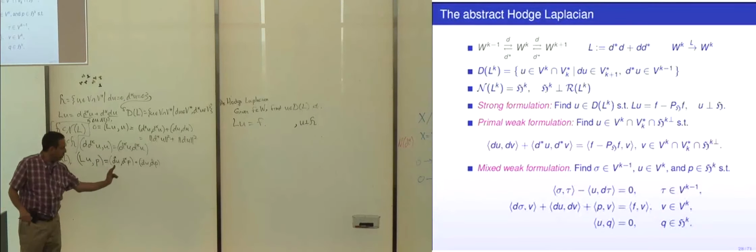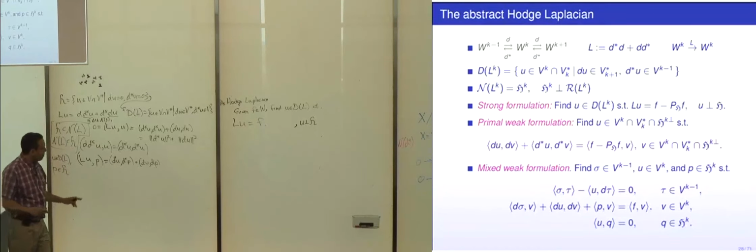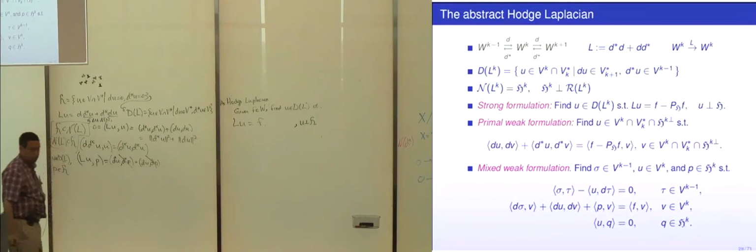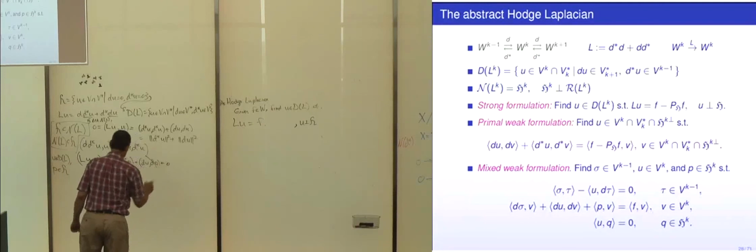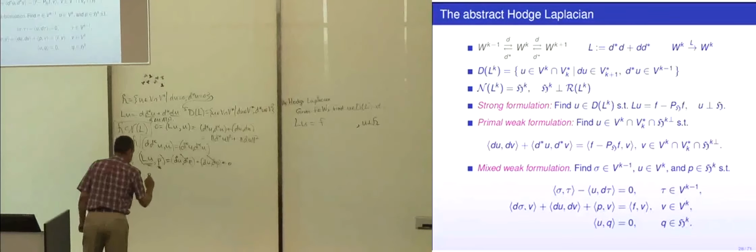I can move the d over to d star because everything's in the right domain. But p is harmonic, so d star p is 0 and dp is 0. So this is 0. So we've concluded that every harmonic form is orthogonal to everything in the range of L.